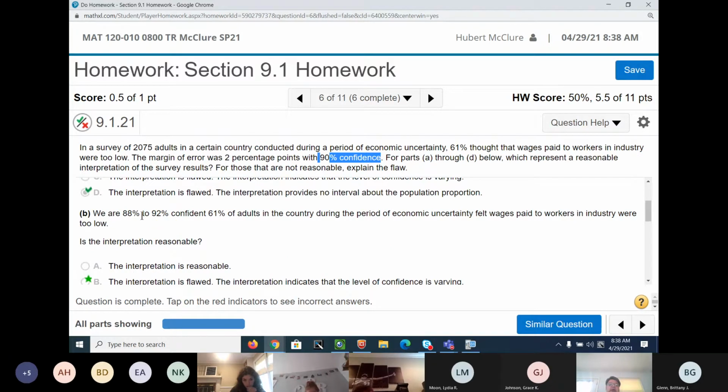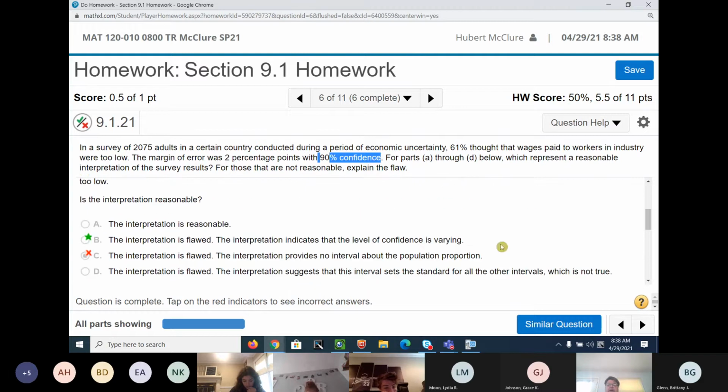No, that's not right. 61%? No, that's not right. The interpretation indicates the level of confidence is varying. The level of confidence does not vary at all. The level of confidence is right there, 90%. Boom.